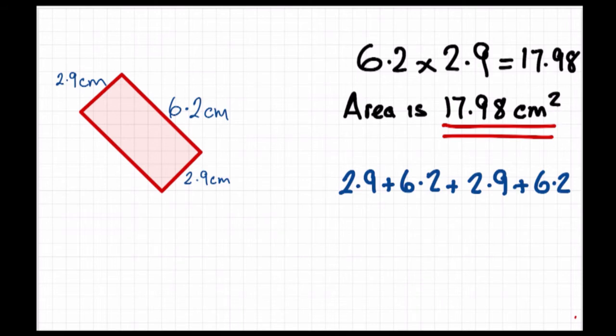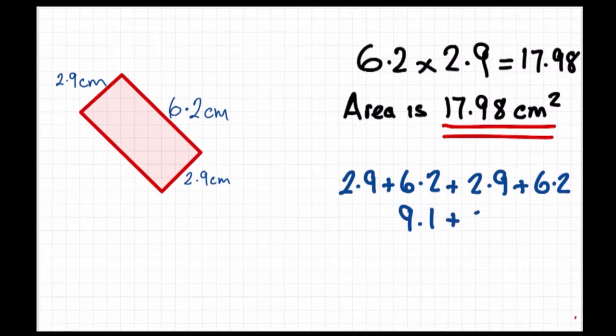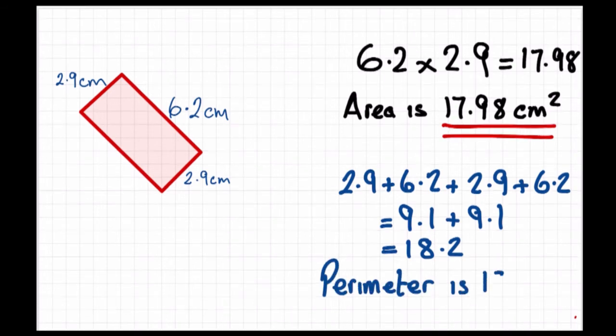We could do it in pairs. 2.9 plus 6.2 is 9.1. So I've just simplified it there a little bit. And now that's easy for me to do in my head. Add those two together, and that will be 18.2. So the perimeter is 18.2 centimeters.